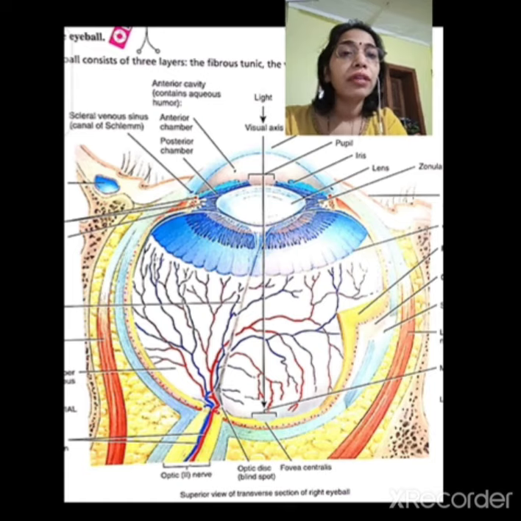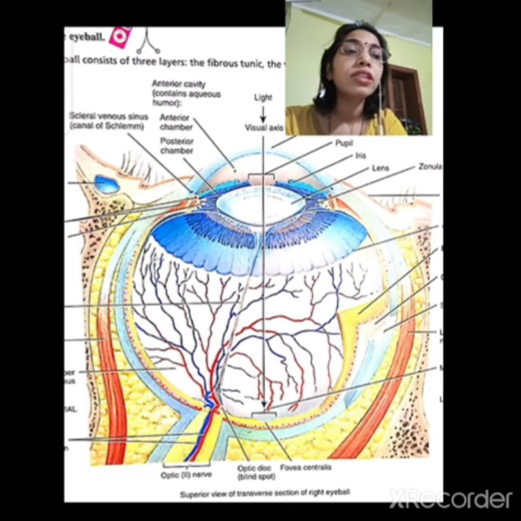Albinos lack melanin in all parts of the body, including the eyes. They often need to wear sunglasses even indoors. Albinos are those people who, you must have seen, are very white; their skin color is very white.